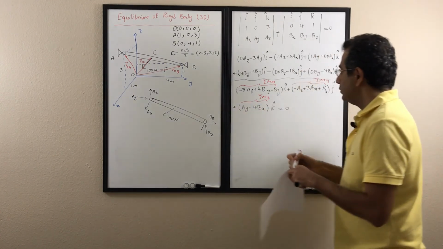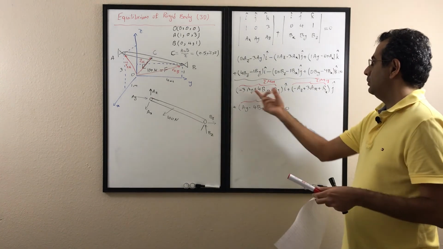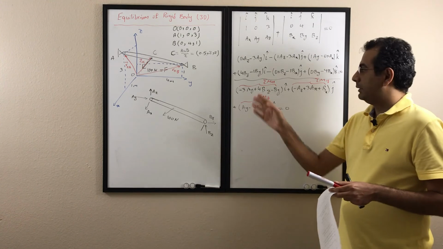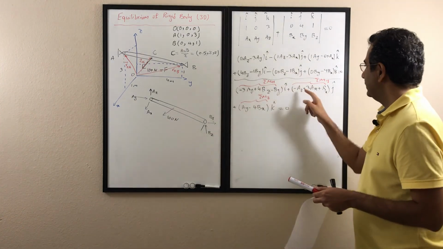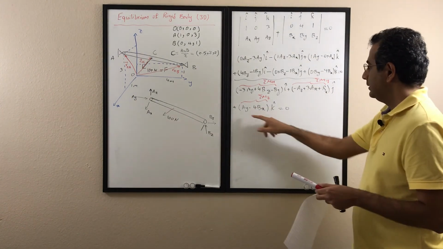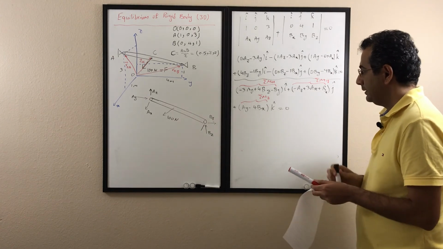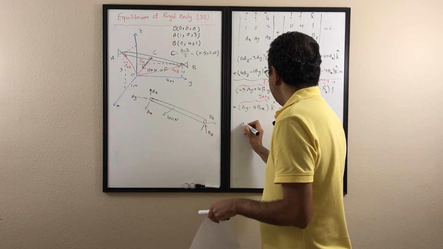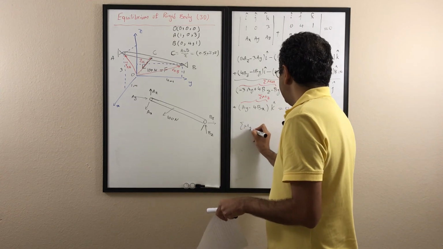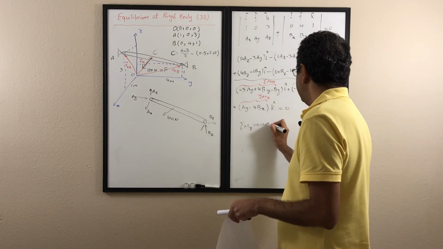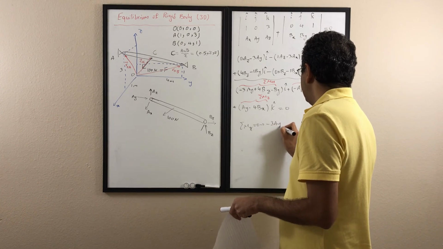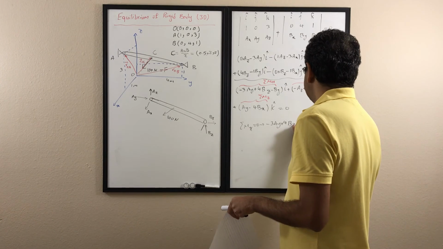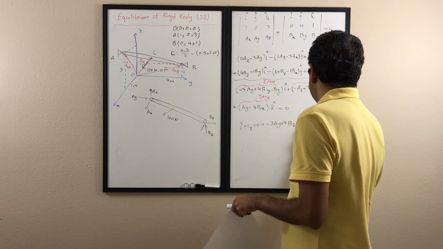So the I component shows the sigma M about the x axis, the J component shows the sigma M about the y axis, and the K component shows the sigma M about the z axis. Sigma Mx is 0, so negative 3AY plus 4BZ minus BY is 0.